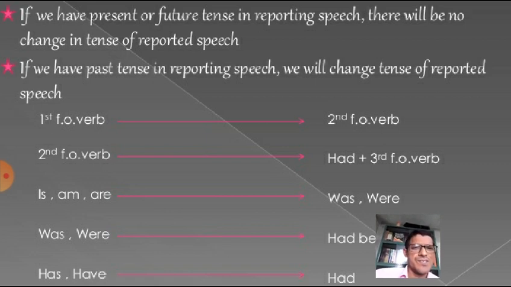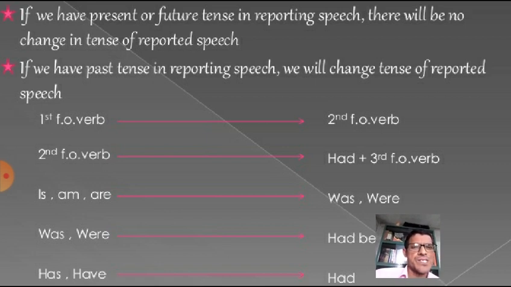This is the sentence, and here you can see in the reported speech V1 is used, so you should change that first form V1 into the second form V2. So its indirect speech becomes: He said that he did his homework.